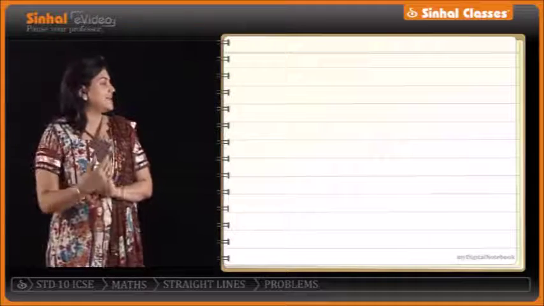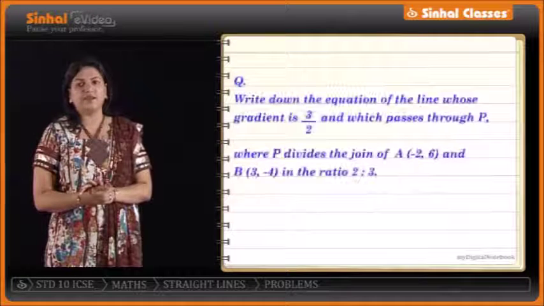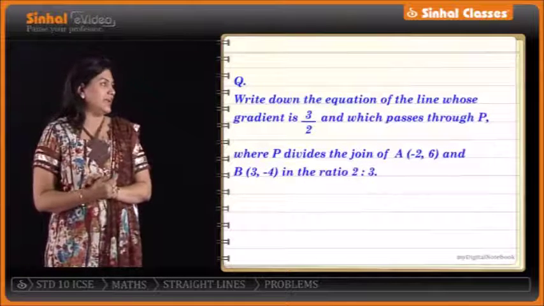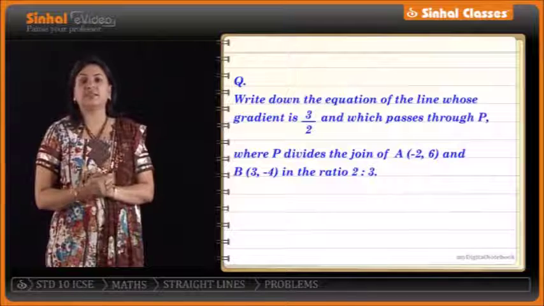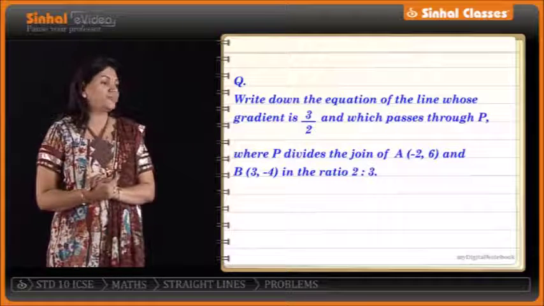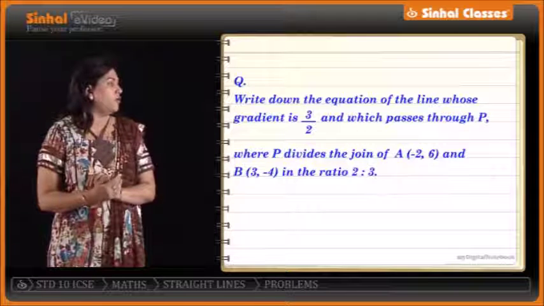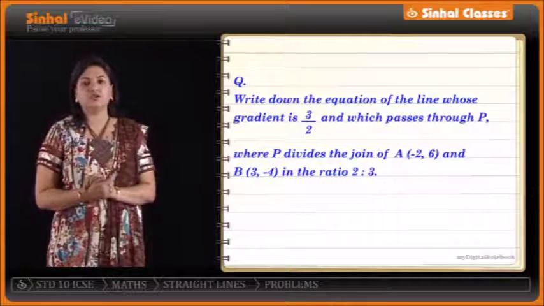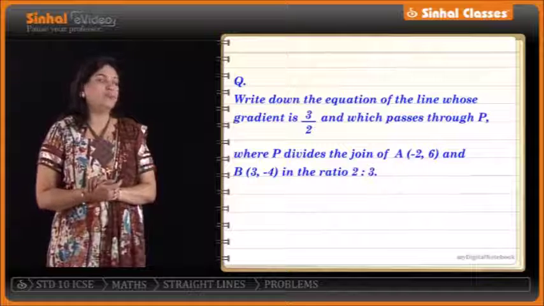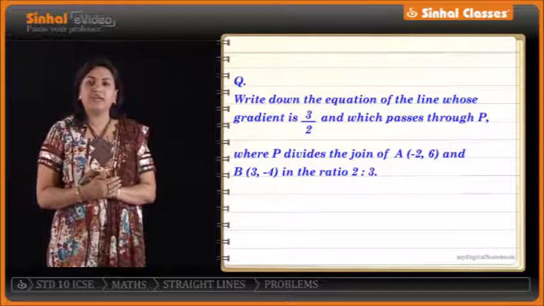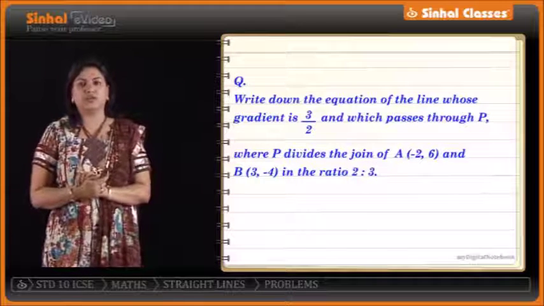Now, we have the next problem as, write down the equation of the line whose gradient is 3 by 2 and which passes through P, where P divides the join of A (minus 2, 6) and B (3, minus 4) in the ratio 2:3.